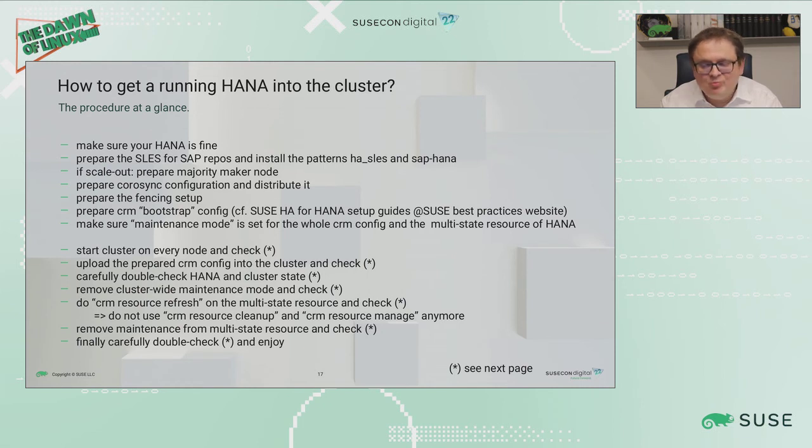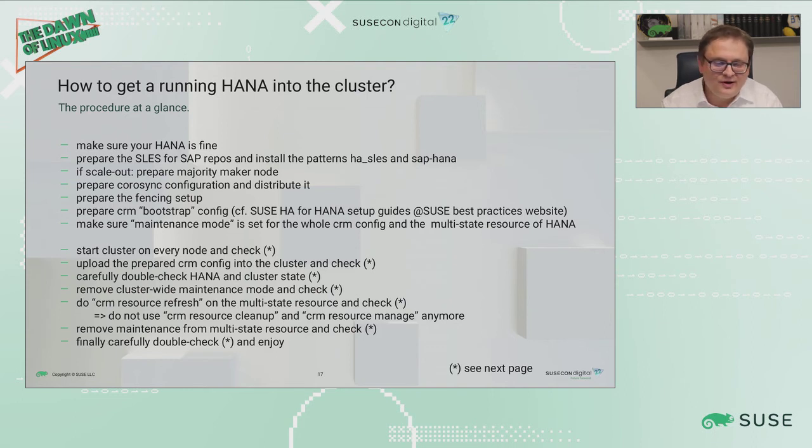Then you can prepare in advance and distribute, of course, your Corosync configuration. You can prepare your fencing infrastructure, and you can prepare your Pacemaker cluster config, which is uploaded into the cluster with one single command.